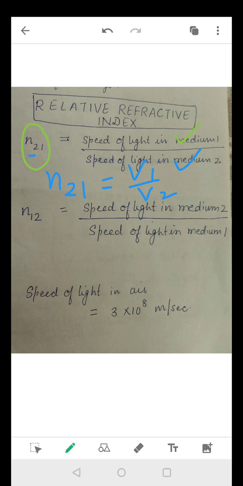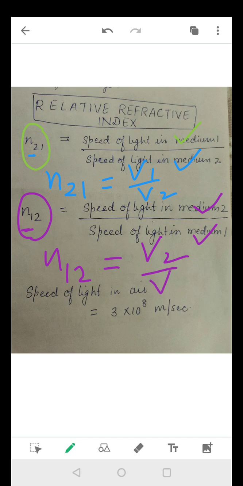Then N12. I'm calculating the refractive index of medium 1. So I'll write the speed of light in medium 2 first, and the speed of light in medium 1. So N12 will be equal to V2 upon V1.